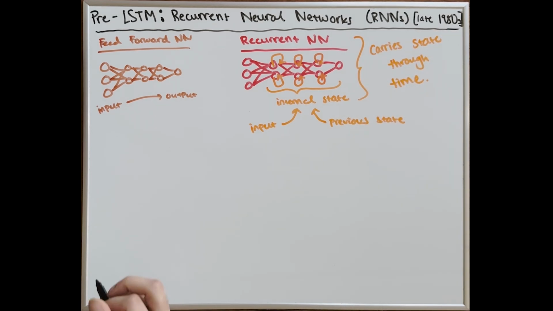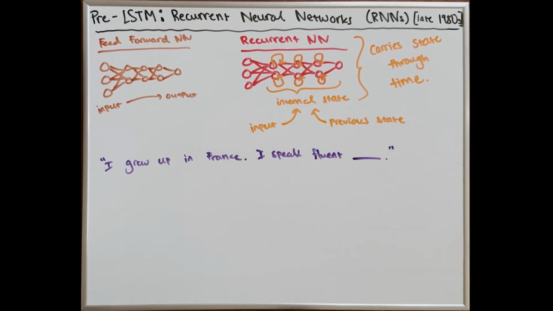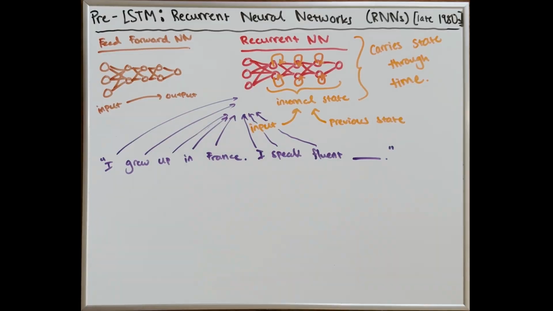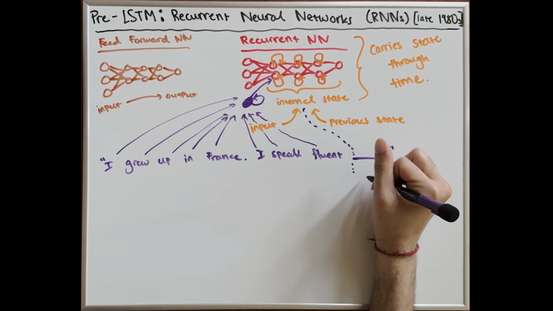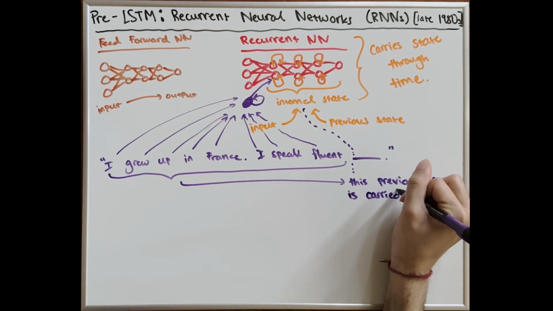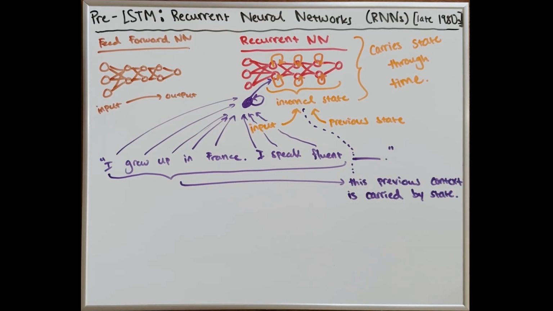So, for something like our sentence at the beginning, I grew up in France, I speak fluent blank, as the network processes each word, it also carries forward information from previous time steps. By the time we get to the word fluent, we want the network's internal state to still have some information representing grew up in France.